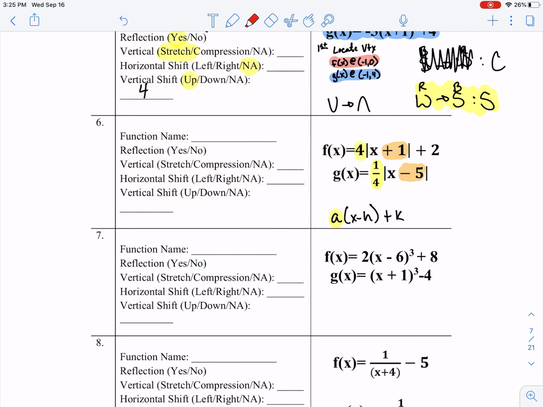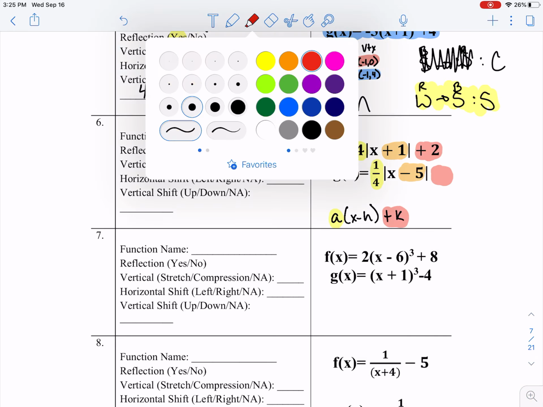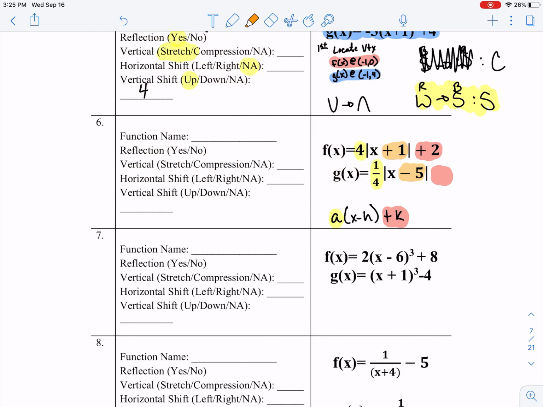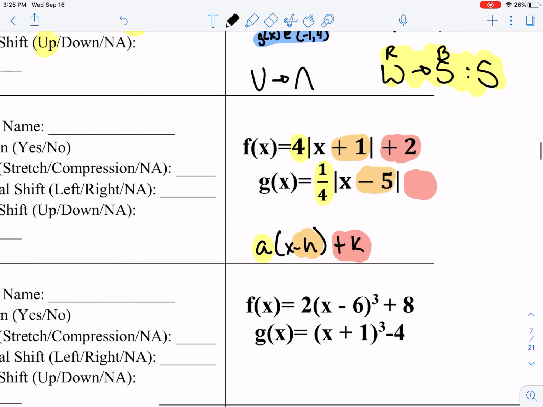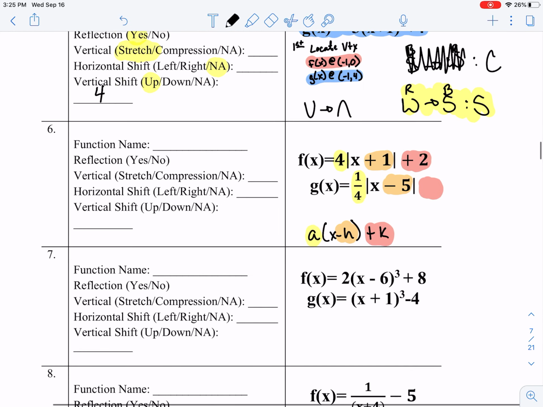And then your k values are on the outside. And then based off of how these change, you can know your transformations.